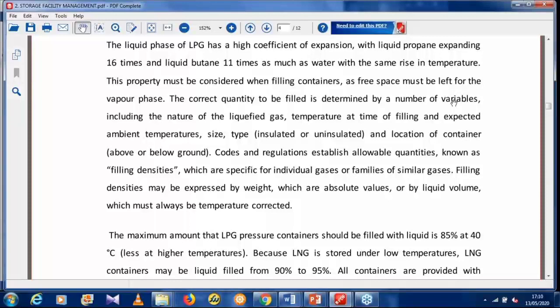All right. So the liquid phase of LPG has a high coefficient of expansion, with liquid propane expanding about 16 times and liquid butane about 11 times. So you can imagine the coefficient of expansion. That's the ability to expand.